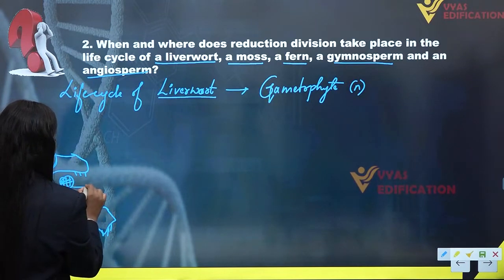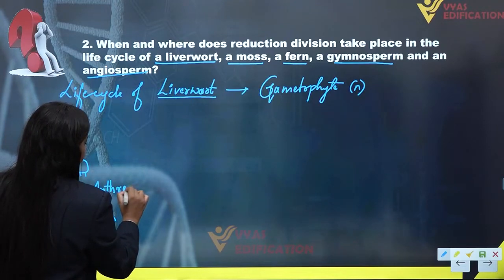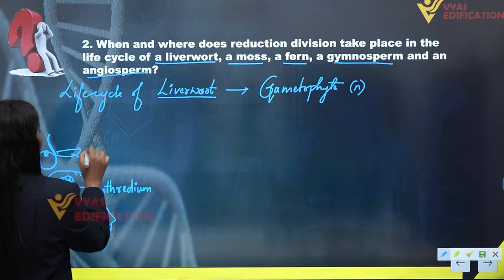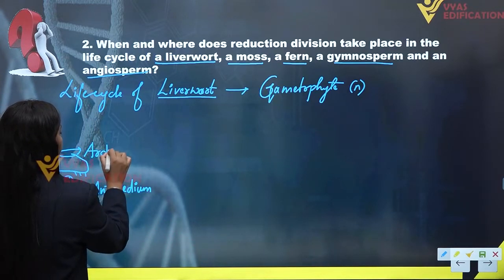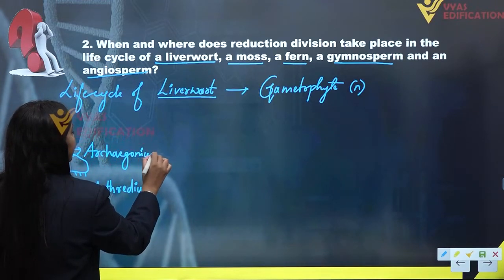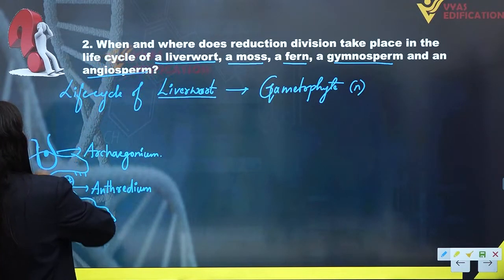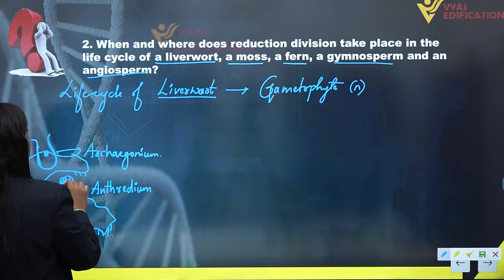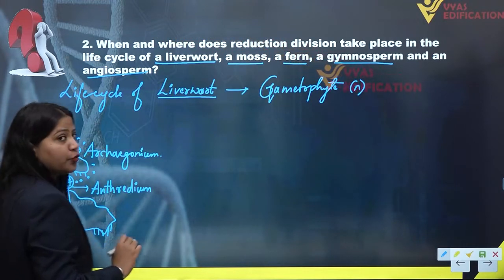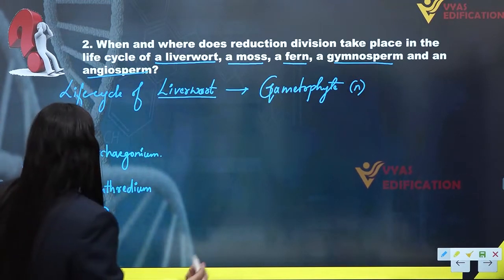So this is antheridium, and this is archegonium, in which the gametes are going to be formed. Let's suppose the egg cell is formed here, and the male gametes are going to be formed in the antheridia, which are known as antherozoids.